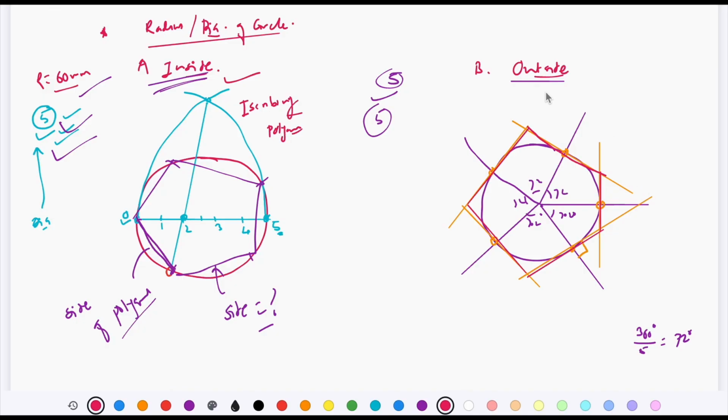And this one is called circumscribing a polygon, or describing a polygon about a given circle. So when you are drawing a polygon outside a circle, the wording might be circumscribe the polygon about a circle or describe a polygon about a circle.